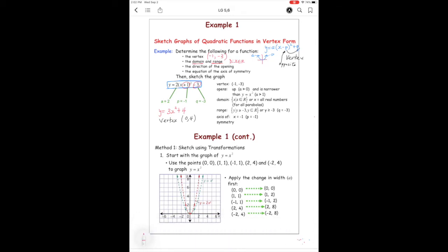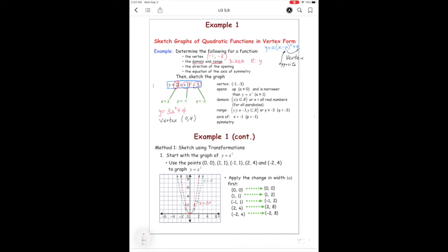Now the range, you have to do some thinking. So the shortcut is, I'll just erase this. The range is going to be y ∈ R, colon. Just remember, domain is the x numbers and range are the y's. Now you have to look if it's going up or it's going down. Remember we just talked about that, the a.